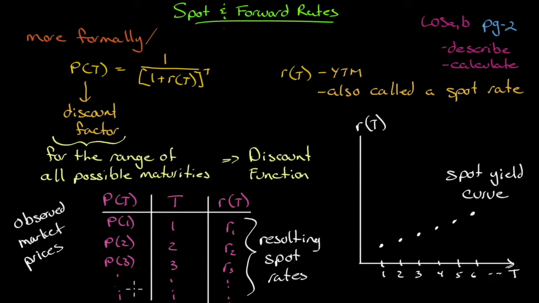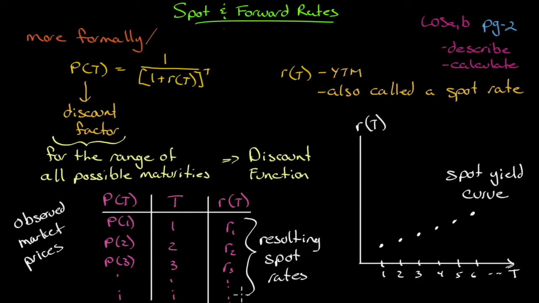This set is called a discount function, and if you remember your high school math, you know that a function specifies a mapping from one variable to another. Well, we can go from the discount factor to the spot price, or we can go from the discount factor to the spot rate, or from the spot rate to the discount factor.